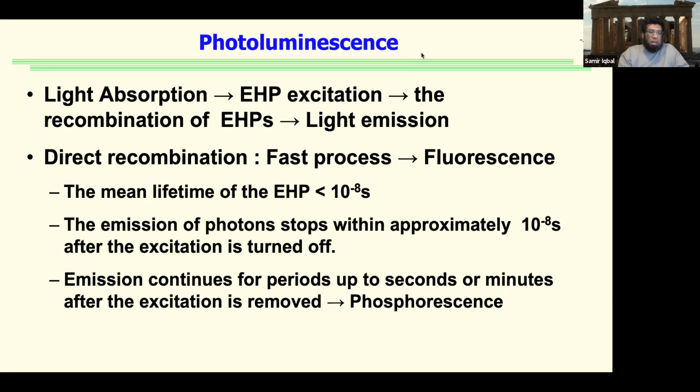So as soon as we remove the excitation, recombination stops right away. But if it does not stop right away, it continues for some more time, which means if the mean lifetime is a few seconds, that's the thing that we call fluorescence.